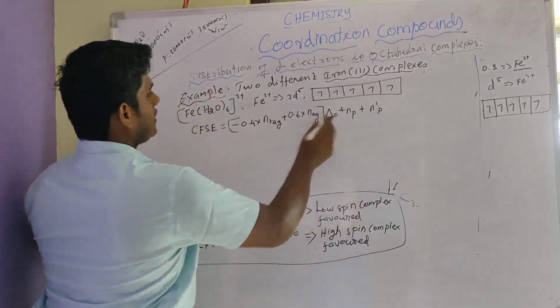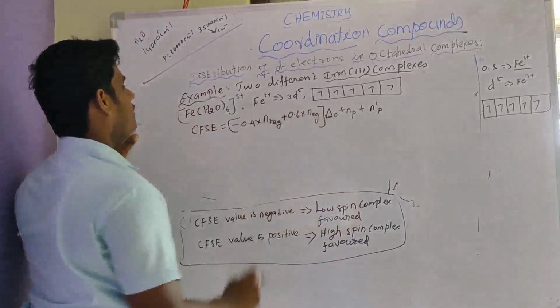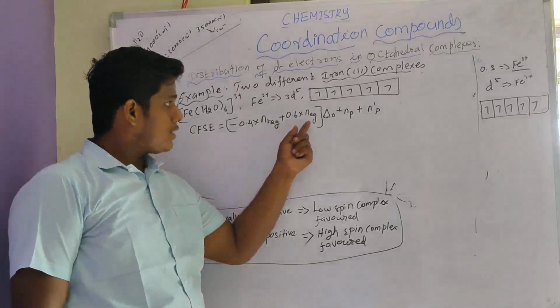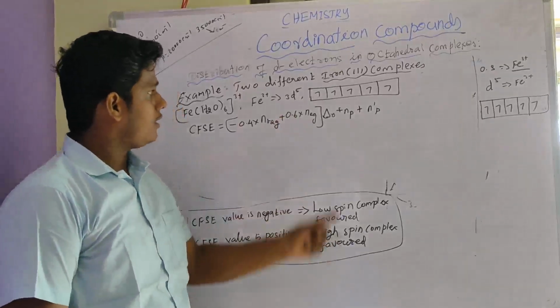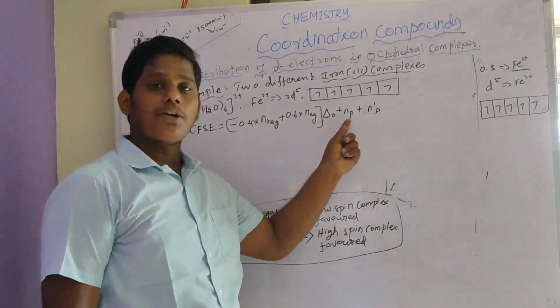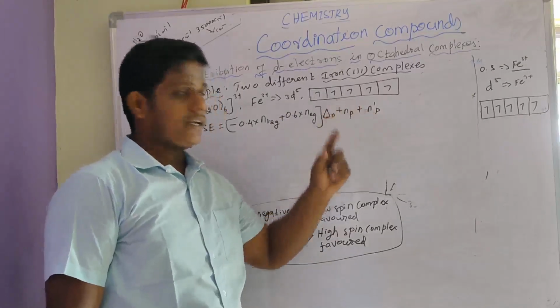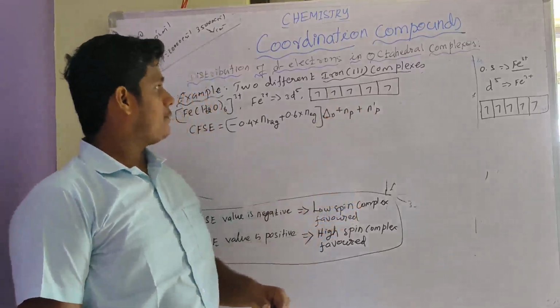Here n(t2g) is the number of electrons present in the t2g orbitals, and n(eg) is the number present in the eg orbitals. So there is the pairing energy of the ligand field orbitals, and also the pairing energy for the metal, that is the isotropic field orbitals.